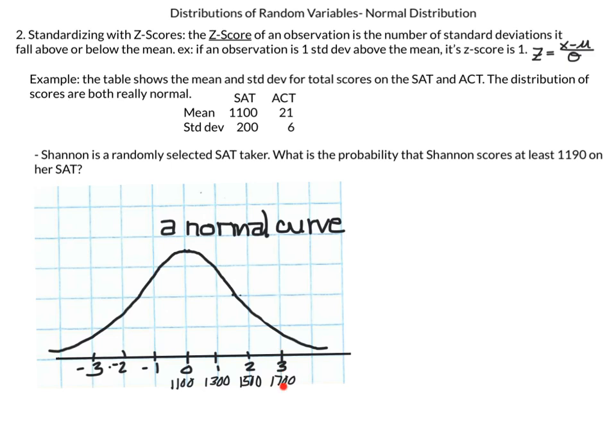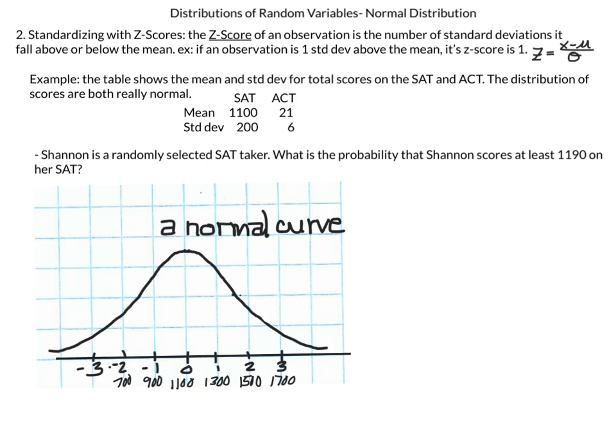So that's 3 standard deviations away. We can do the same for the other side. So 1 standard deviation less than the mean, we subtract 200 from the 1100 and we should get 900. 2 standard deviations away, we'll do 400 from the 1100 and that will give us 700.